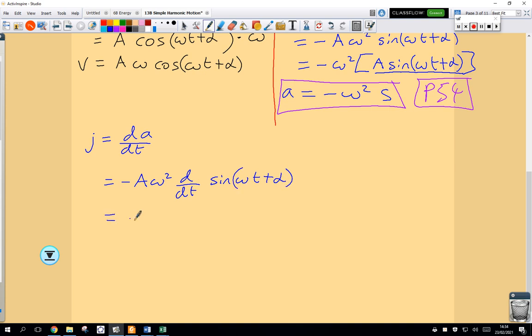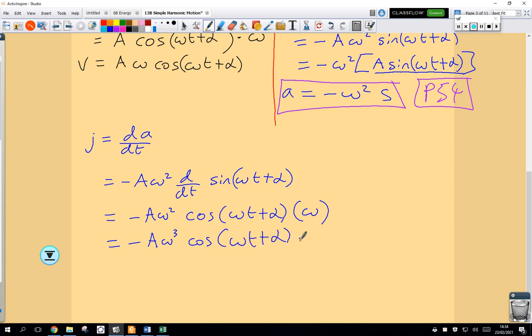So what I'm going to get is negative a omega squared times the derivative of sine of this stuff, which is cosine of this stuff, times the derivative of this stuff, which would just be omega, since alpha is a constant. So what I'm getting there is negative a omega cubed cosine of omega t plus alpha.